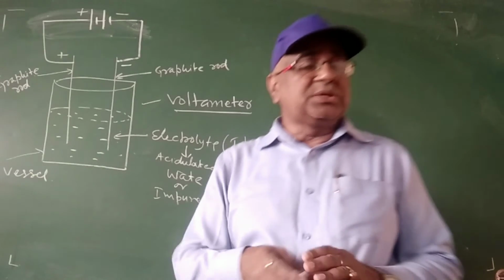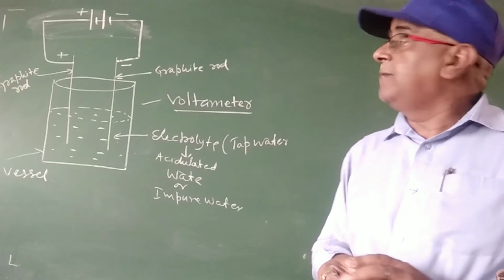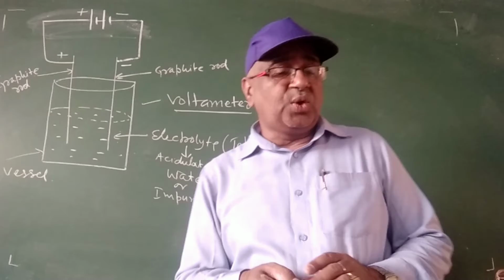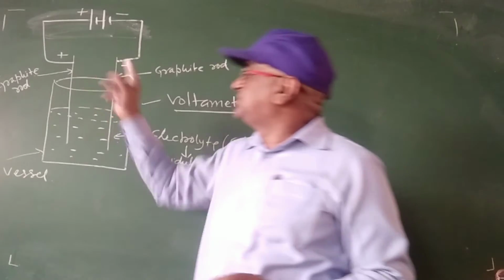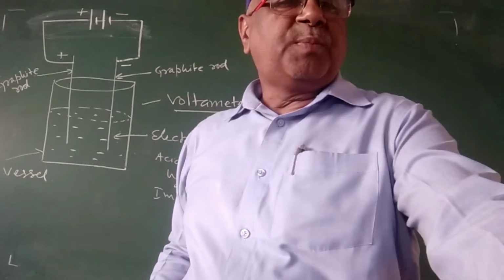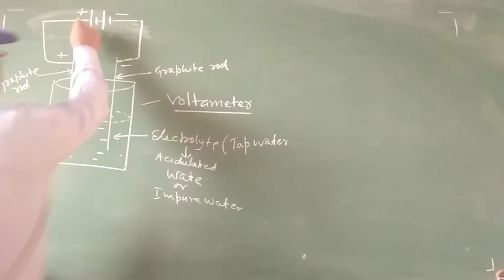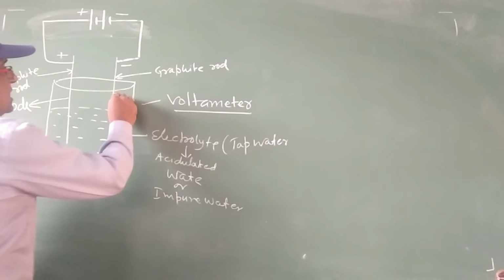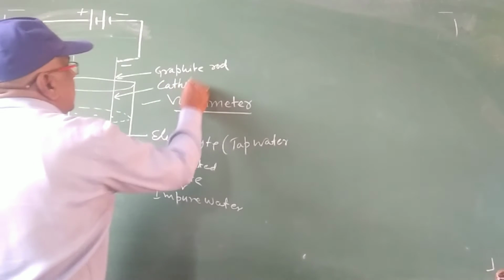The oxygen bubbles are formed on the electrode, or you can say the anode. At the place of anode it is deposited. Anode is the positive terminal, so the electrode connected with the positive terminal is called the anode. And the one connected with the negative terminal is called the cathode.